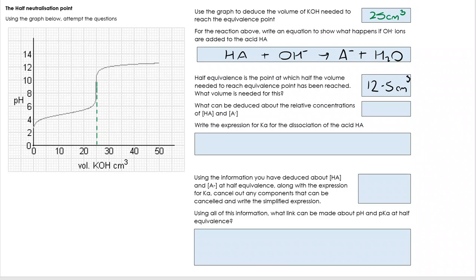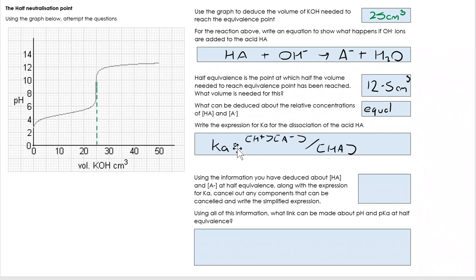Well, what's important here is if you think that you've got 100% HA at the beginning and 0% A minus, when I fully neutralize at the equivalence point, it means I've got 0% HA and 100% A minus. So halfway, I would expect half of my HA to have been converted and half of my A minus to be formed. So it actually means that they are equal. Concentration of HA equals A minus.